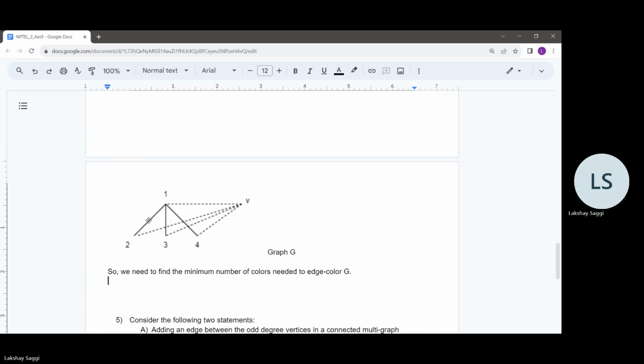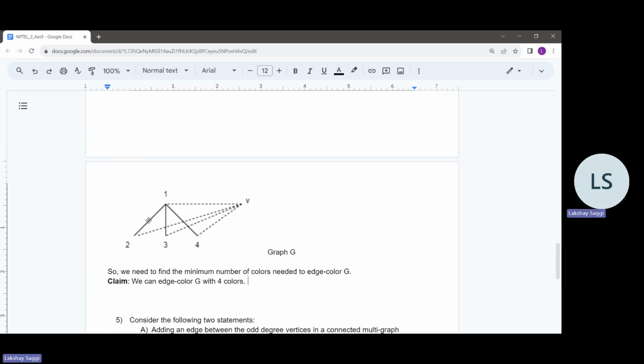So my claim is we can edge color G with 4 colors.